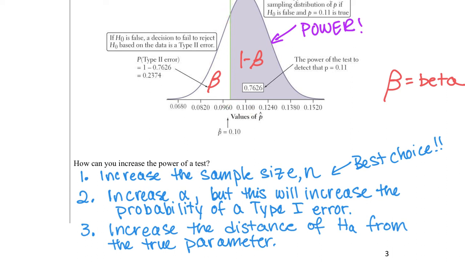So if this is our true parameter here, so if this is my true proportion, and I could take this green line and move it further away, you can see that that shaded area would definitely increase. But without actually knowing what my true proportion is, that would be pretty tricky to do. But really what this is saying is that the bigger the mistake is in my null hypothesis, the more power I have to reject it.